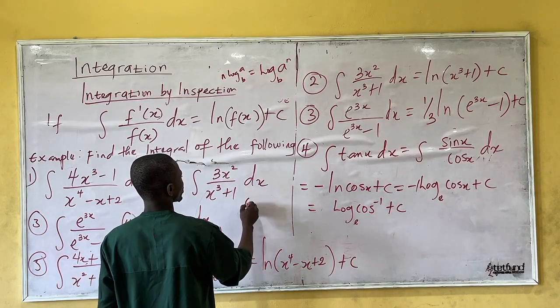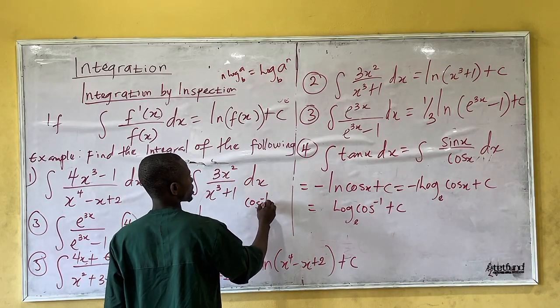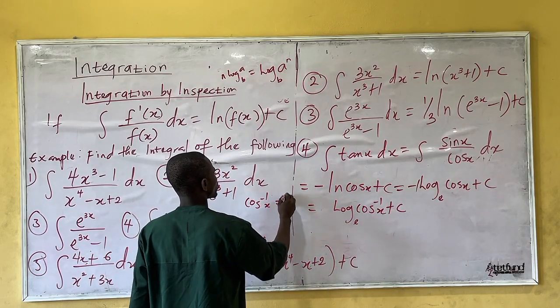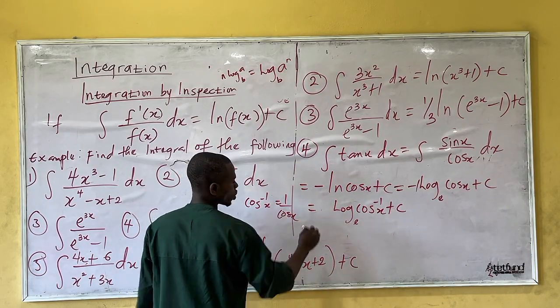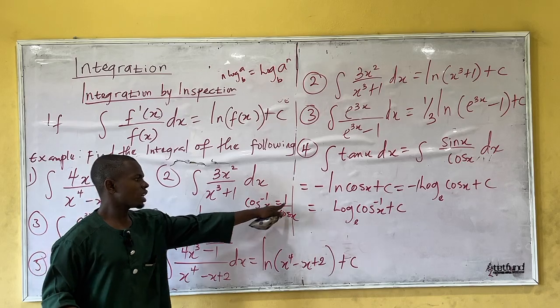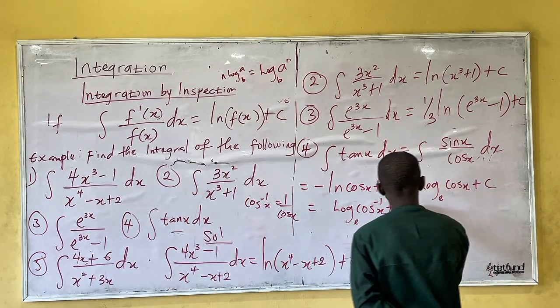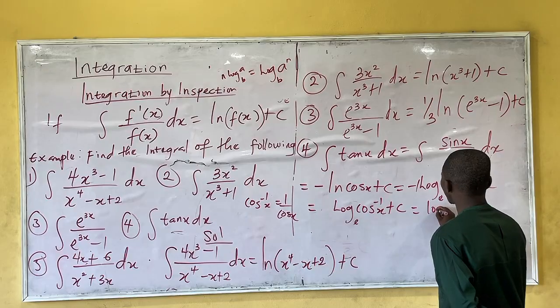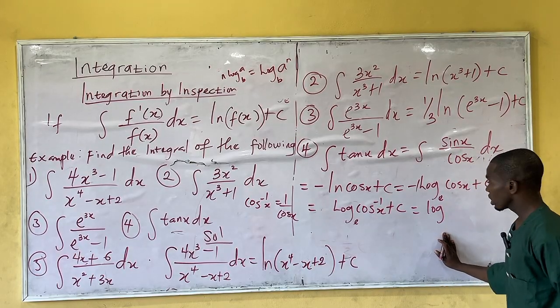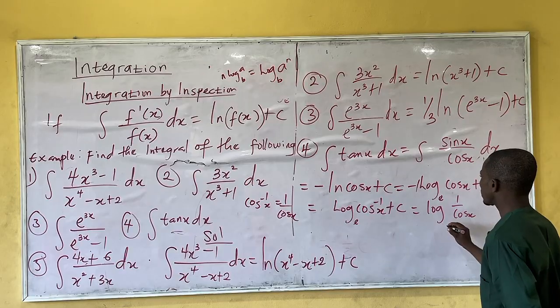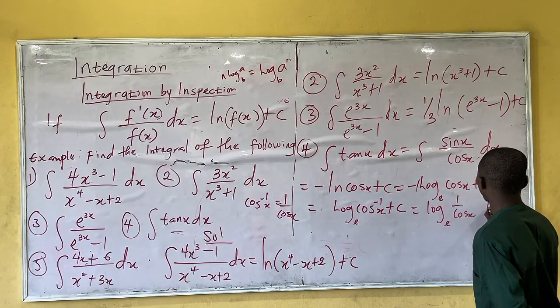Note that cos inverse of x means 1 over cos x, which means this is equal to log of 1 over cos x base e plus C.